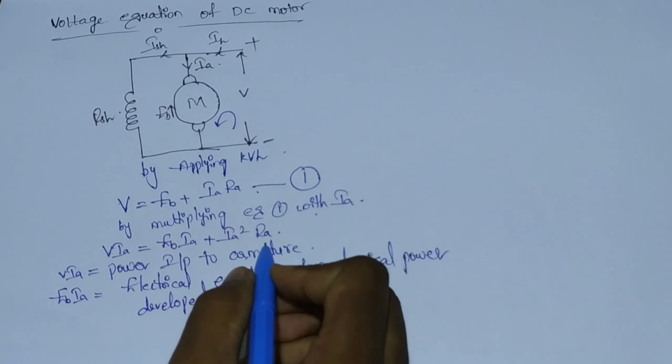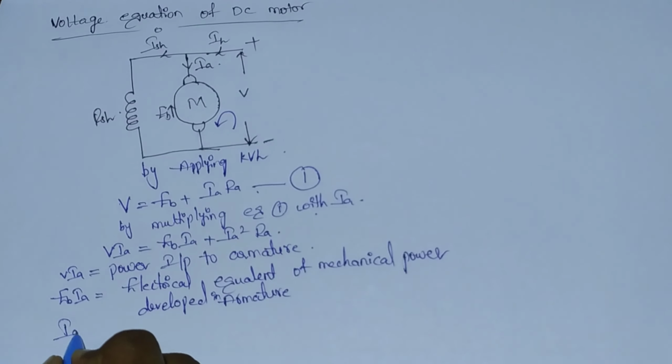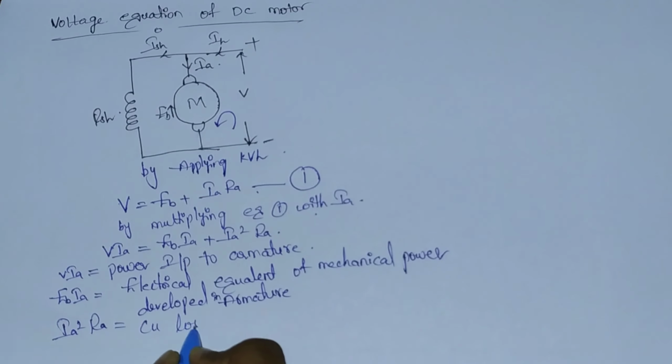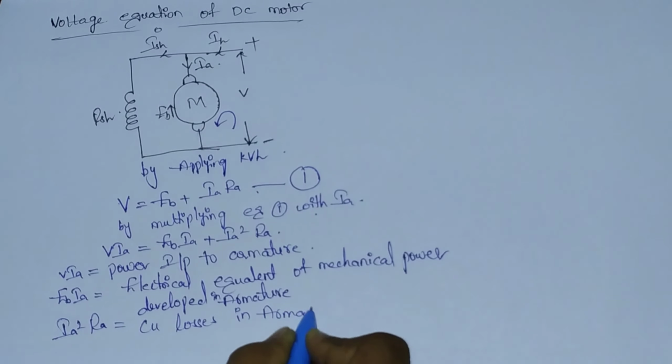And IA square RA, the leftover one, is the copper losses in the armature.